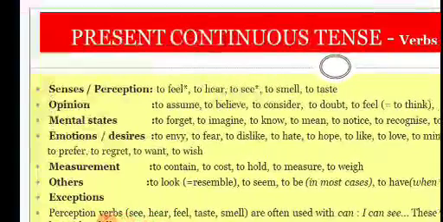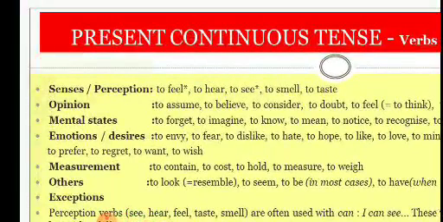Like senses or perception: to feel, to hear, to see, to smell, to taste. In these cases, the verbs are not generally used in the present continuous tense. That is, verbs of perceptions and some other verbs are not usually used in the present continuous tense.